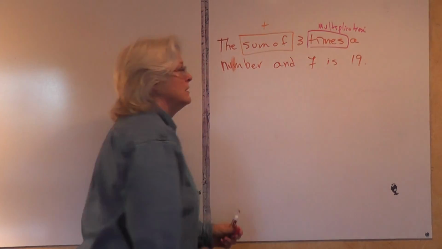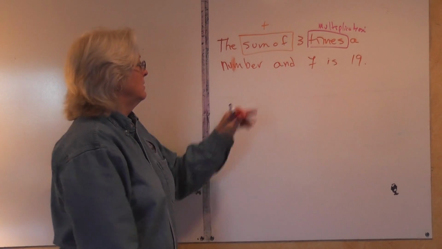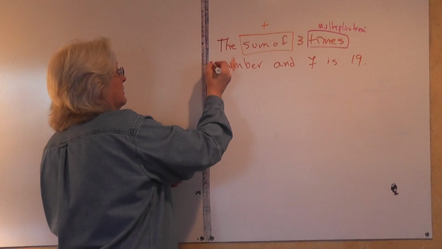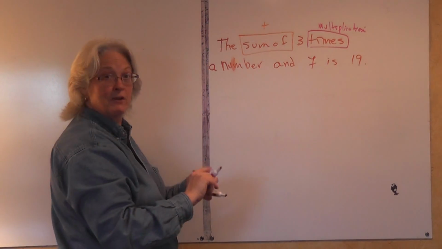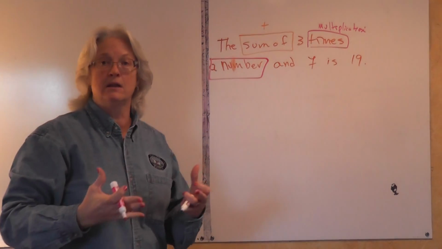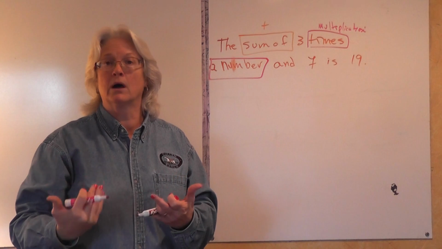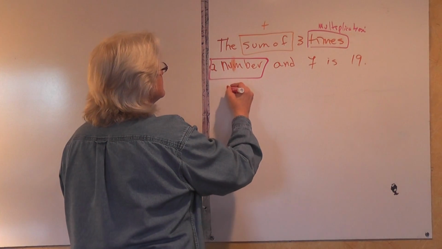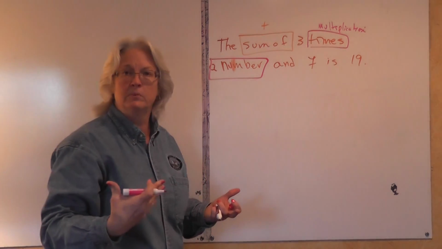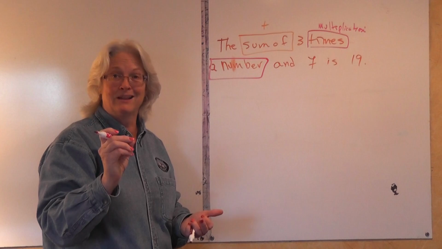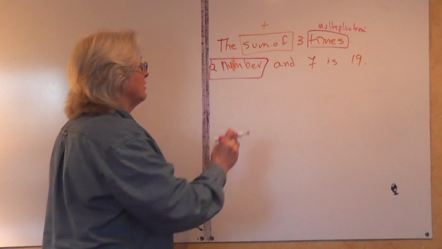Now we're talking about a number. Are we talking about a specific number here? No, this is just any number. So this is what we call our unknown, and this is what's going to be our variable. A lot of times in beginning algebra books, they'll take the first letter of the word to use as your variable.